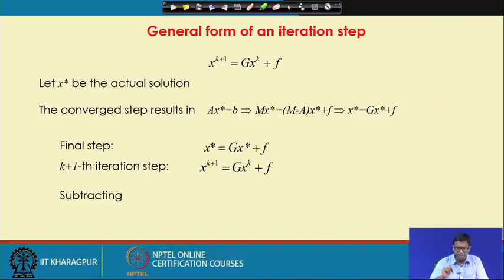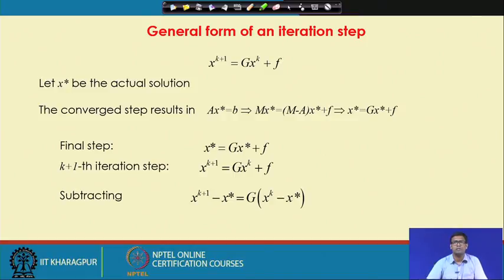If we subtract these two, we can see the difference between the updated solution and the actual solution, and we call that the error during any iteration: x k plus 1 minus x star, which is G of x k minus x star. So, the error, or the difference between the actual solution and the guess solution, is multiplied by G when we come to the updated solution. So, this multiplication must reduce the error, and only then can we approach convergence of the solution.